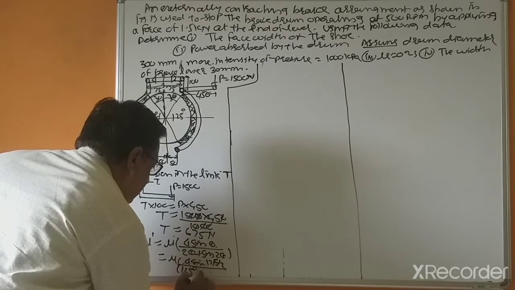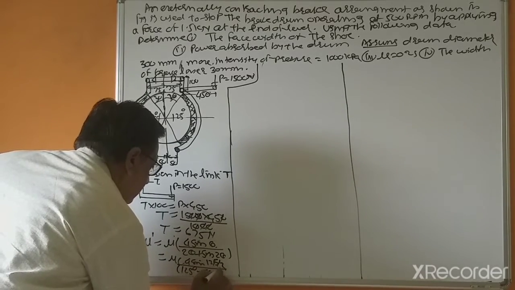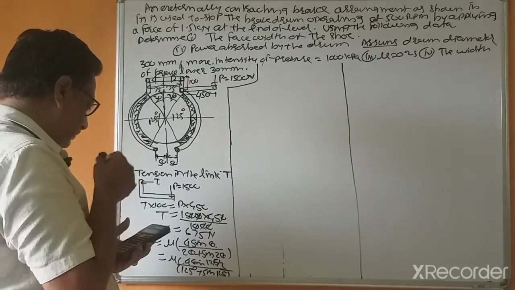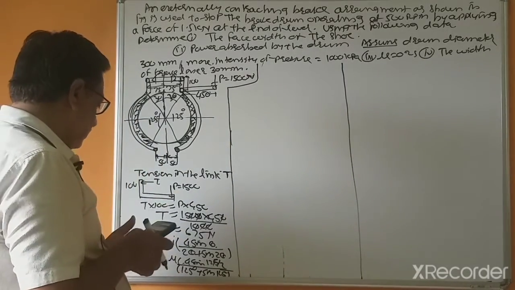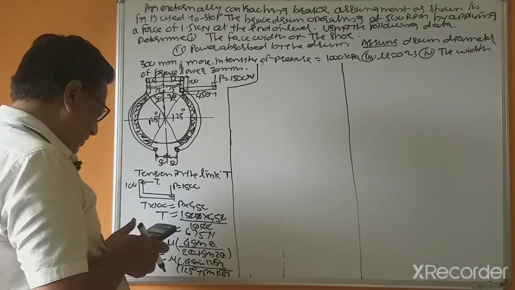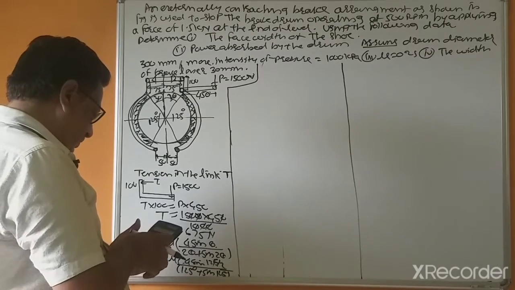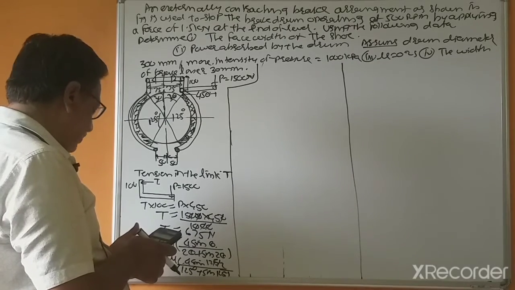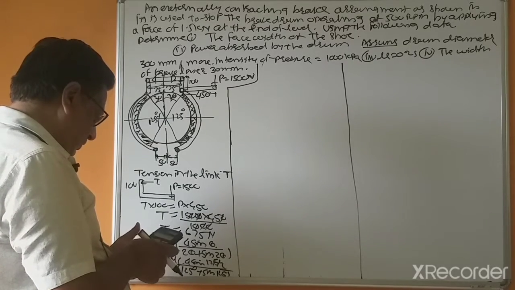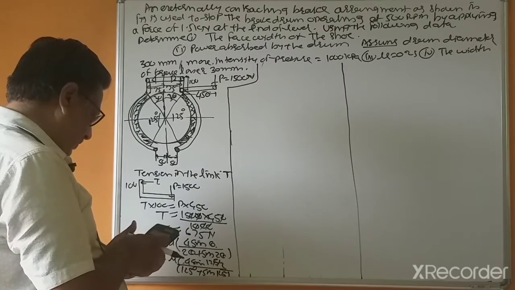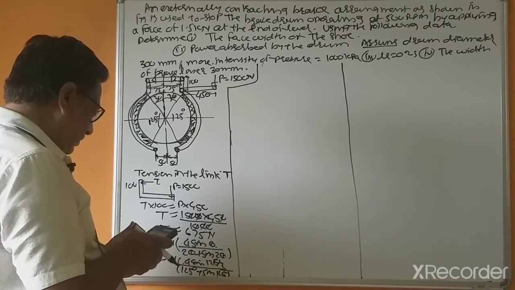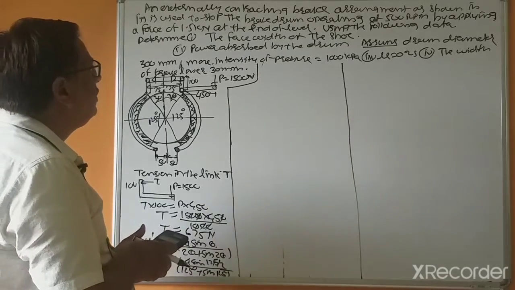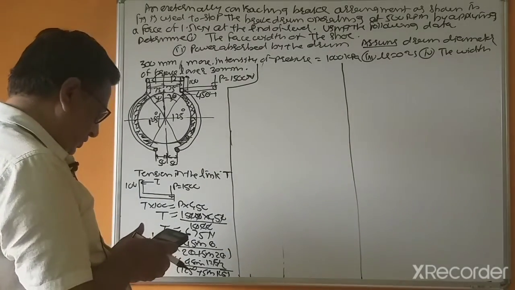Equal to 1 divided by the answer multiplied by 4 into sin 125 multiplied by mu equal to 0.25.